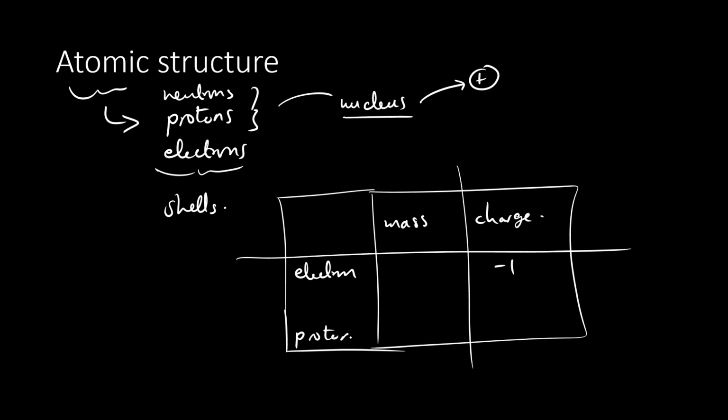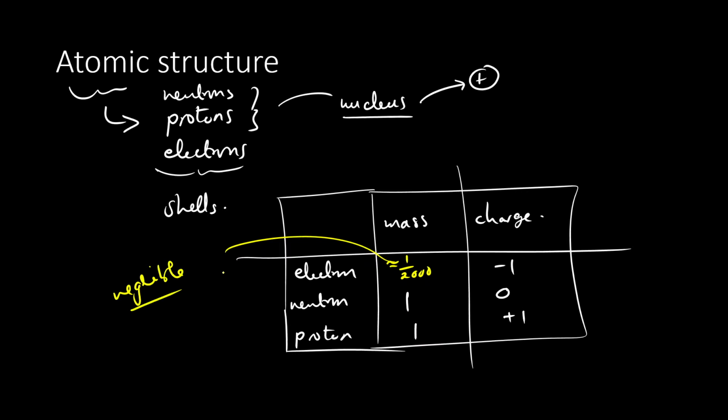Protons would be +1, and then for a neutron, the charge would simply be 0. It's neutral for a reason. Now, the mass for a proton is 1, the mass of a neutron is 1, and the mass of an electron is approximately 1 over 2000. We call it negligible, rather insignificant, because it's so small.